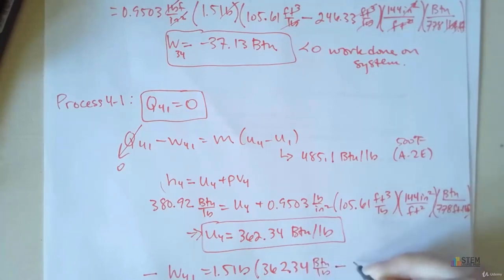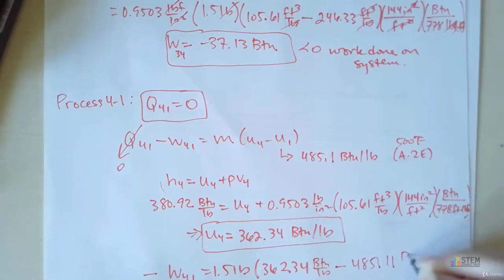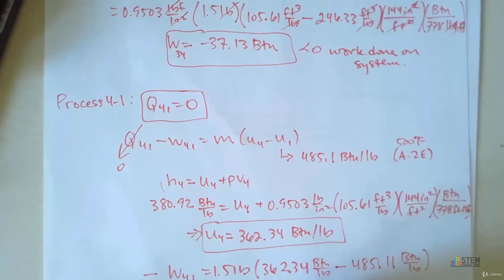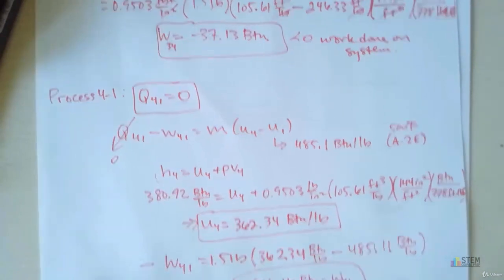And then subtract 485.11 BTU per pound. Now that's going to give you negative 184.16 BTU. And this is negative, so work's done on the system.